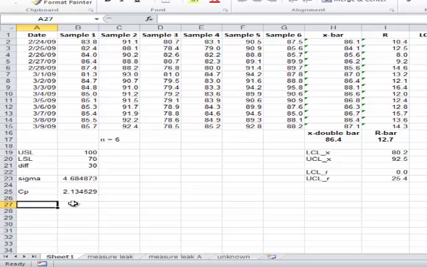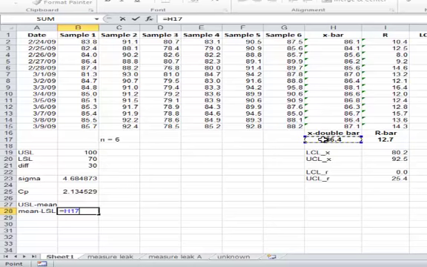That's 15 away from 70 and 15 away from 100. So we'll look at the upper spec limit minus the mean, and the mean minus the lower spec limit. We'll pick the smaller of those two and look at the CPK value.